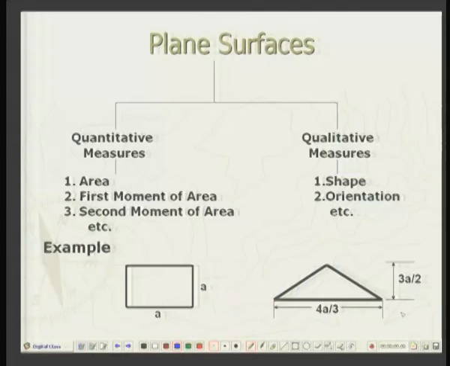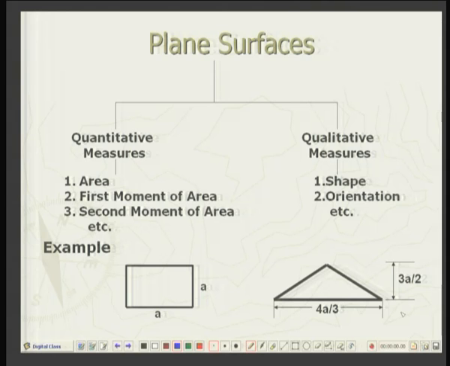Well, I have given here some measures. Some of them are quantitative measures, that they can be expressed in numbers. The others are qualitative measures. We have already talked about area, which is a measure of size of a figure or a plot of land, etc. And then in the qualitative measures we had shape.